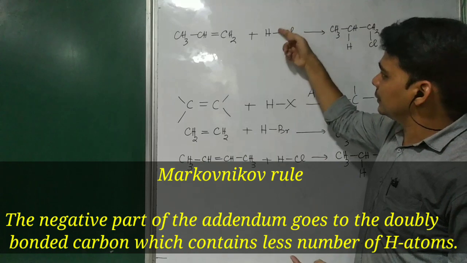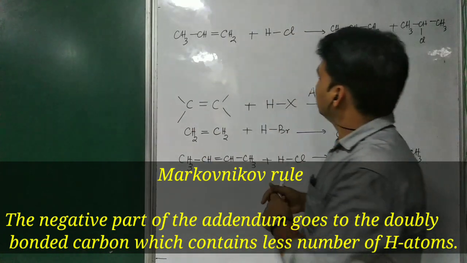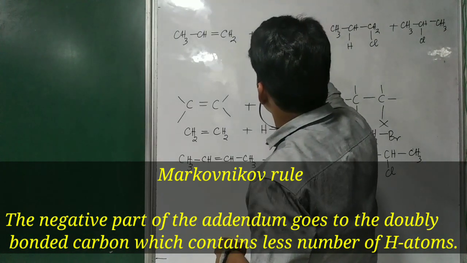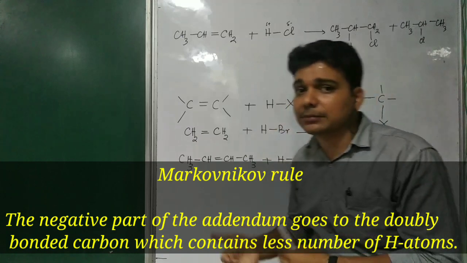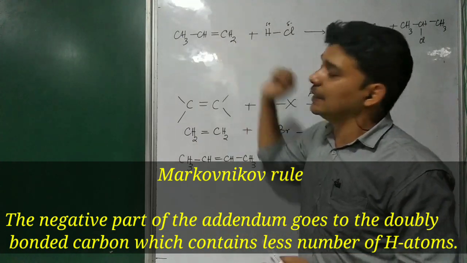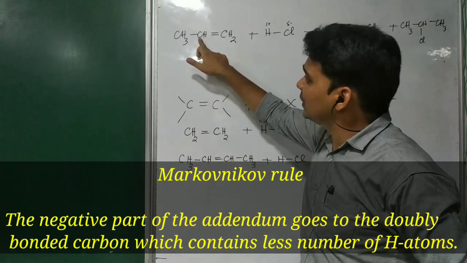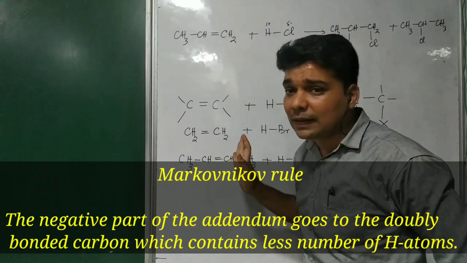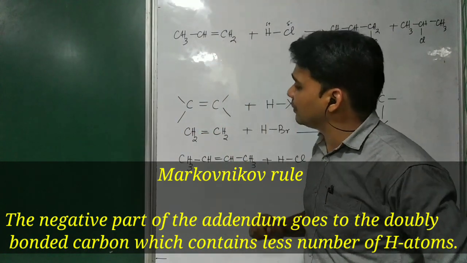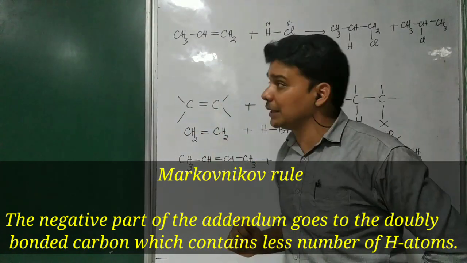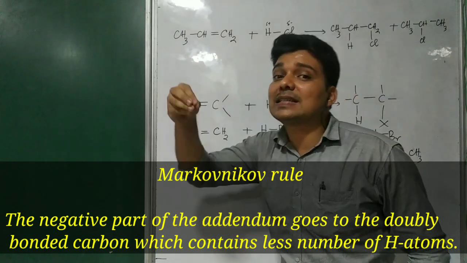Due to polarization, partial negative charge will be developed over this chlorine. This is your negative part, this is your positive part. So according to Markovnikov's rule, the negative part of the addendum goes to that doubly bonded carbon which contains less number of hydrogen. This is your alkene. These are the two carbons which are doubly bonded. This middle carbon contains only one hydrogen, but this terminal doubly bonded carbon contains two hydrogens. So out of these two carbons, this carbon contains less number of hydrogen.